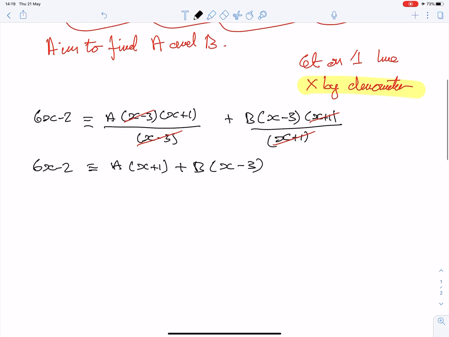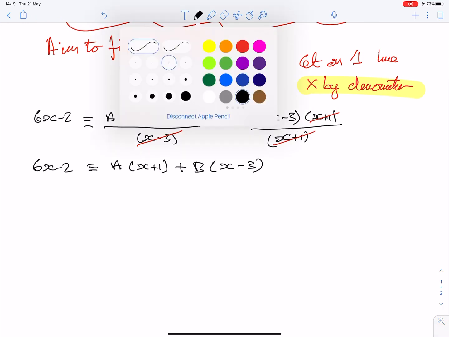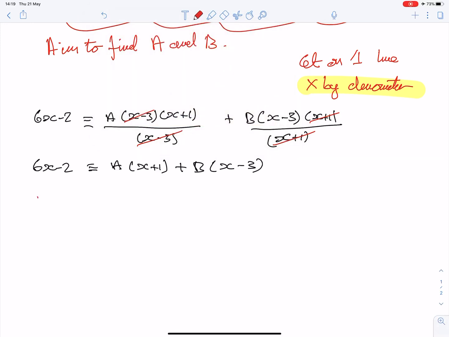Okay, now there are 2 methods for doing this. Method 1 could be described as substitution. Because this is true for all values of x, we can put in particular values of x.